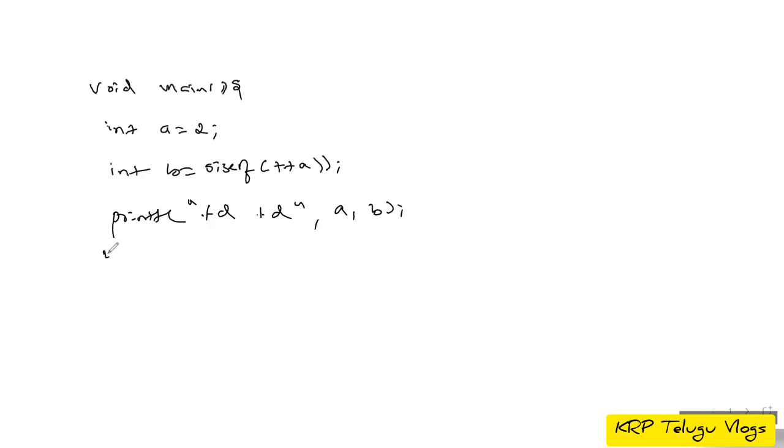So what is the value of a and what is the value of b? Can anyone guess? You know what the sizeof operator does. You know what post increment and pre increment do. So what is the output? What is the value of a and what is the value of b?